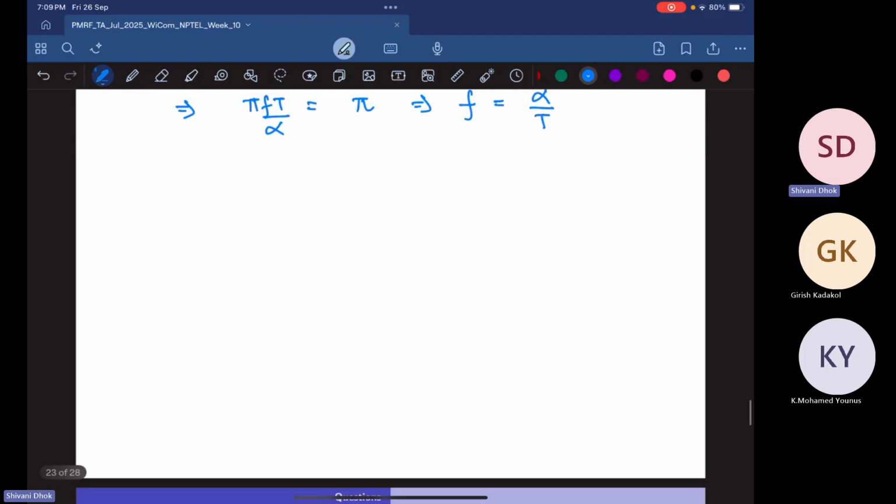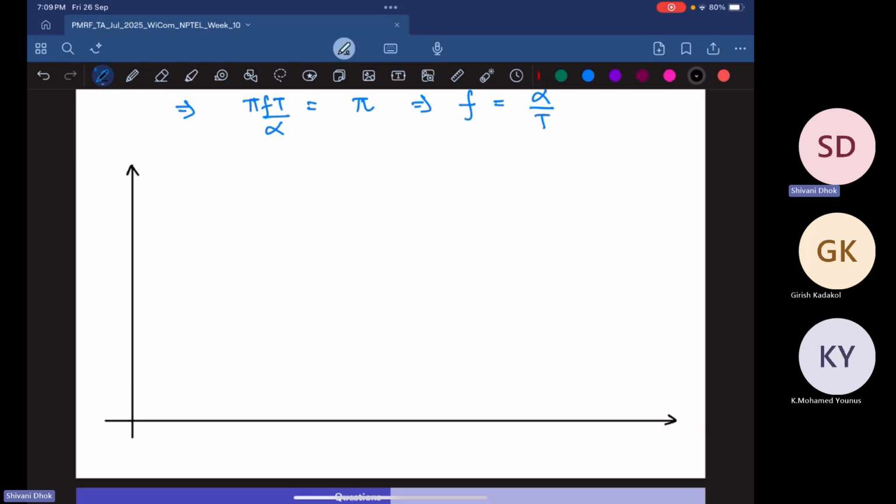Now what I'll do is draw both the cases. Let's say I have 1 by T, 2 by T, 3 by T, and so on.